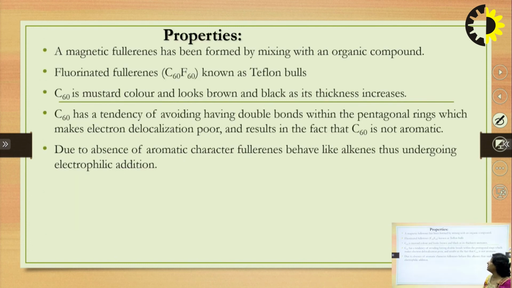Other properties: when we are talking about the chemical properties, the magnetic fullerene can be obtained. Though it itself has no electrical conductivity or magnetic property, when mixed with an organic compound, this fullerene is converted into a magnetic material.